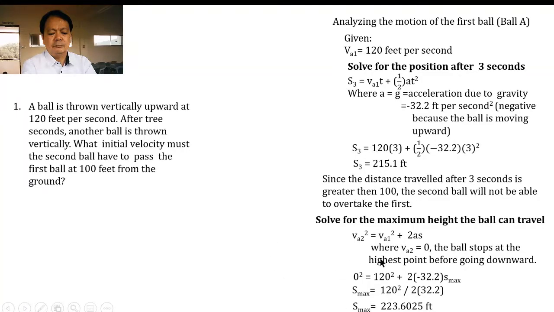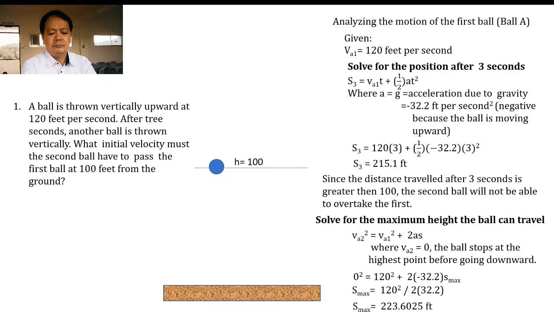Di ba? Siguro mas maganda kung ipapakita natin yung animation ng dalawang bola, para maunawaan natin yung konsepto, and then from there, magkaroon tayo ng solution. Okay? Pakita natin, halimbawa ito yung ground. And then, from the ground, here is the first ball that is released at a velocity of 120.